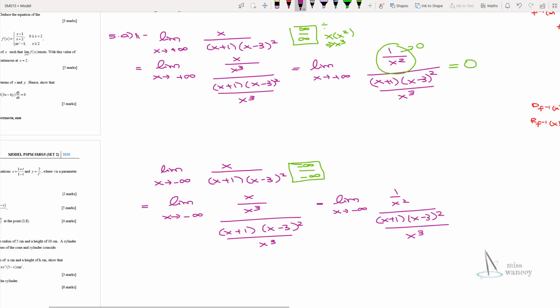Again, I know for sure that my numerator will become 0. So the answer for this is equal to 0. Therefore, the horizontal asymptote is y equal to 0. Okay, so that is 5A2.